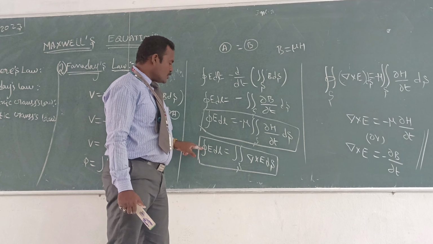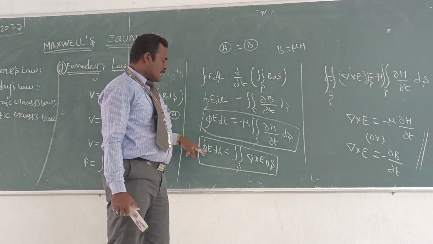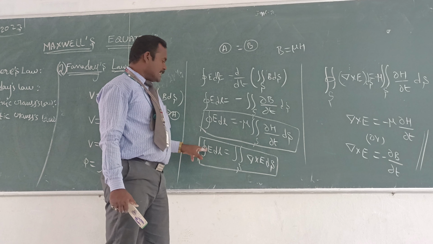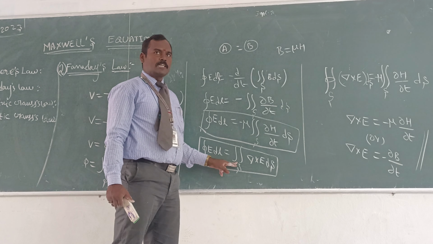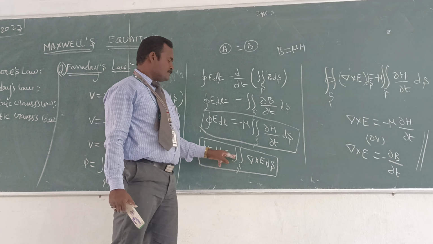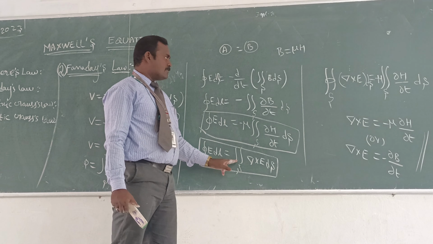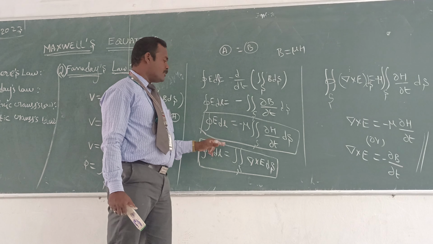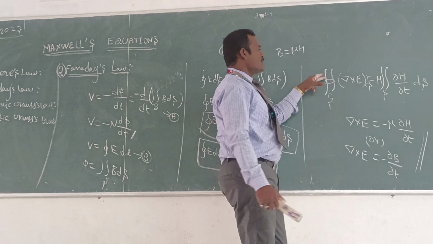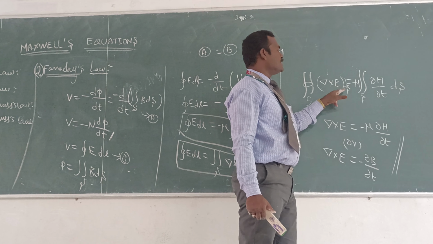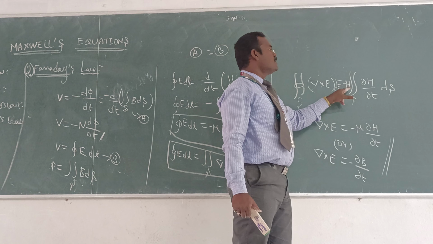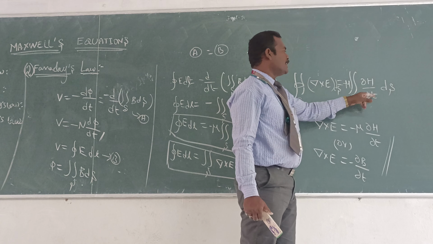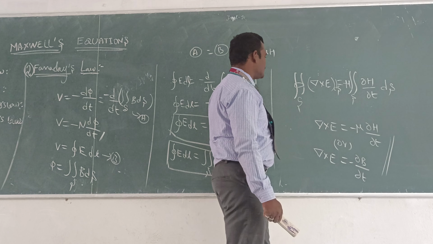So you can apply Stokes theorem here. The line integral can be converted into a surface integral. Instead of the line integral of E·dl, you can replace it with the surface integral of del cross E into ds, which is equal to minus μ times the surface integral of ∂H by ∂t. We wrote that from the previous expression.